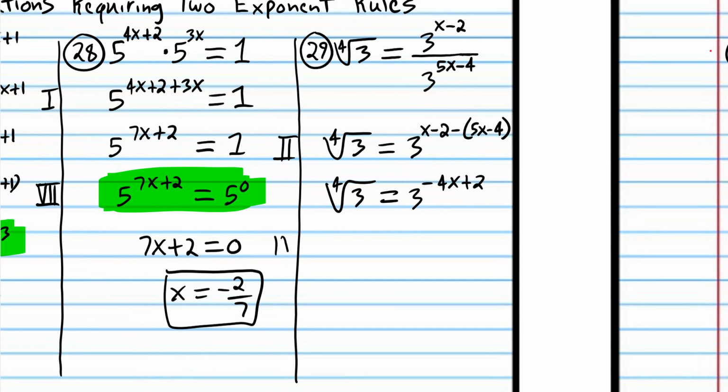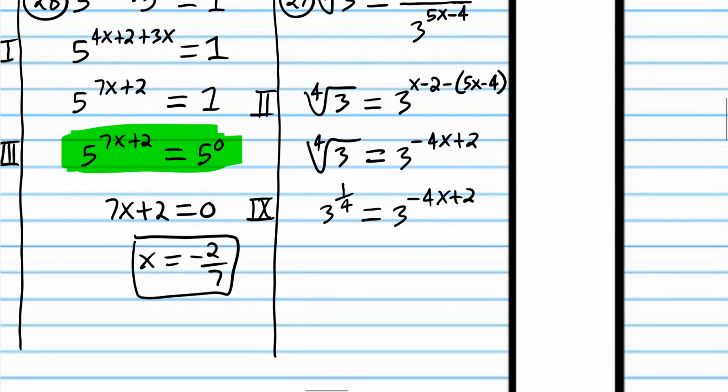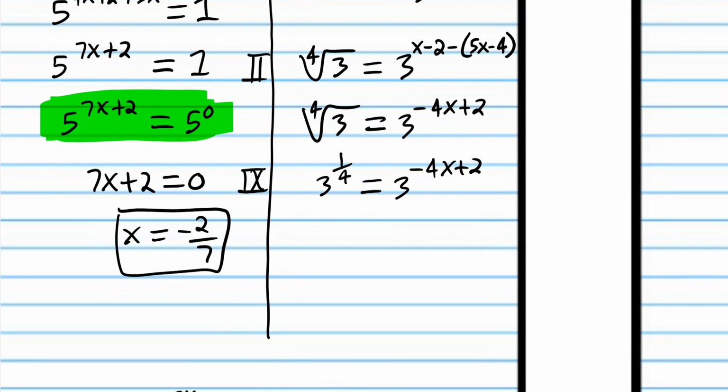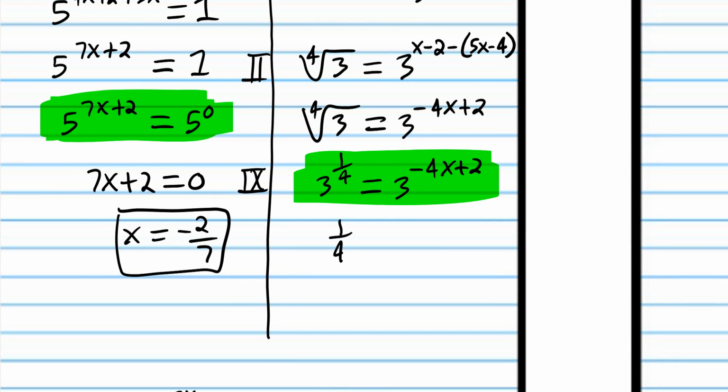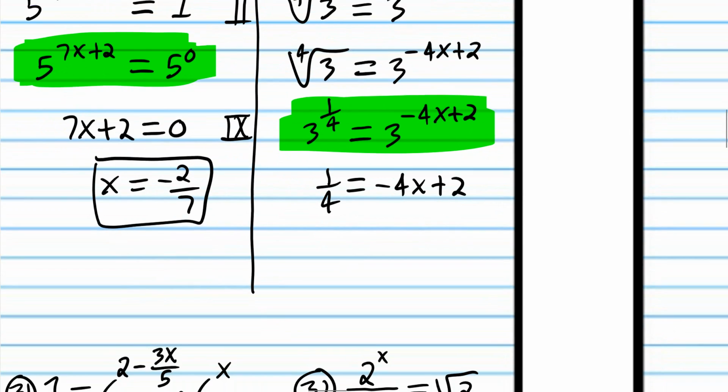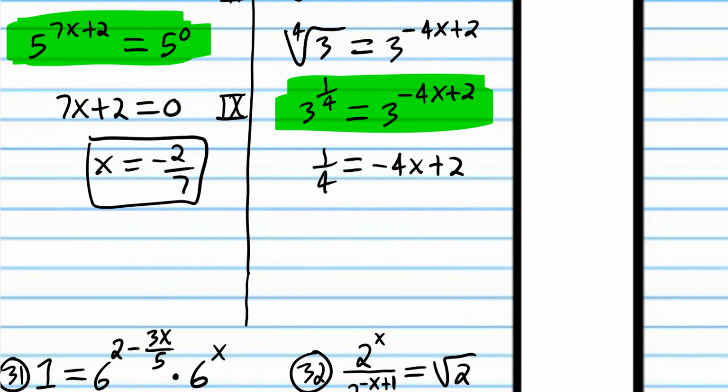Then I'm going to use rule number 9 to make that 4th root of 3 equal to 3 to the 1/4 power. And we're at the critical step. So then we can say 1/4 is equal to negative 4x plus 2. And that's an equation with a fraction.